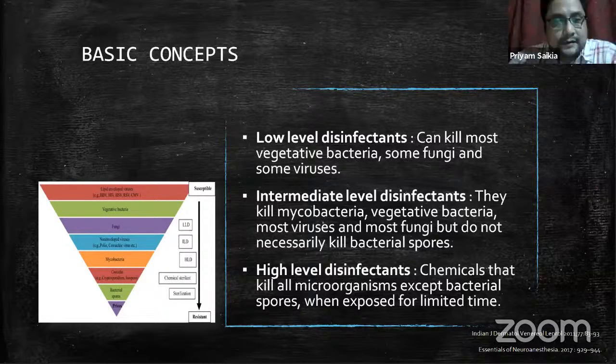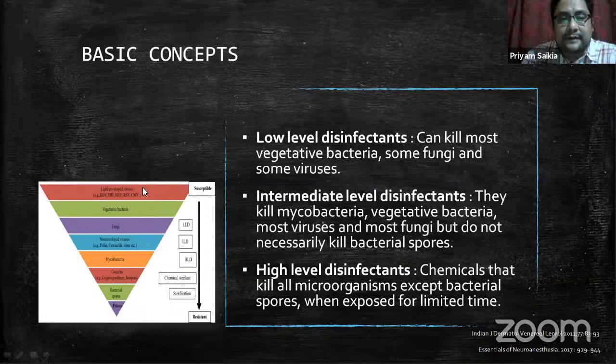Yeah, because we have seen that the susceptibility of various pathogenic microorganisms are different. That is the reason why we have got 3 levels of disinfectants. The low-level disinfectants cause destruction of the lipid enveloped viruses, most of the vegetative bacteria, and some of the fungi.